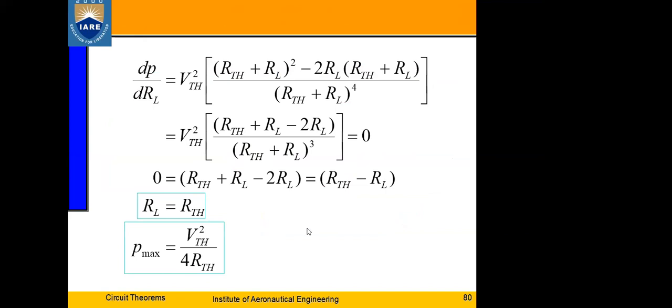What is the condition we are arriving at? The statement is based on the equation RL is equal to RTH. And the equation for the maximum power that can be delivered is VTH squared by 4 RTH.